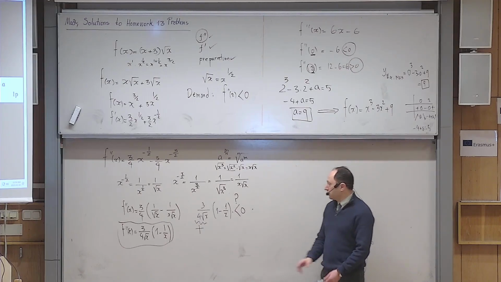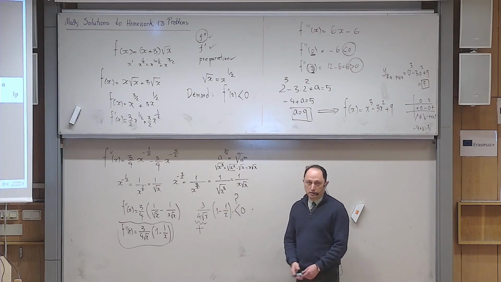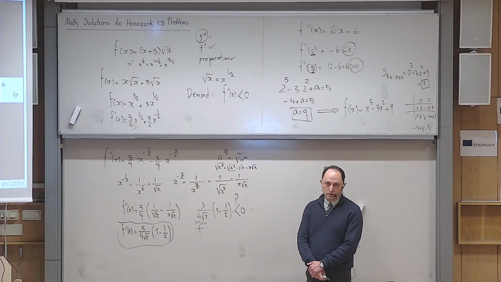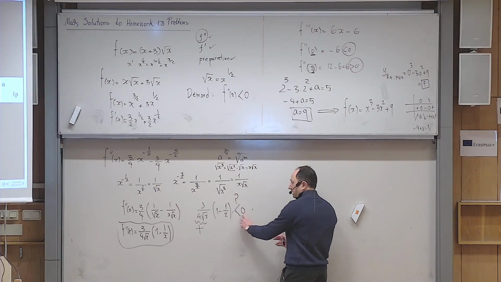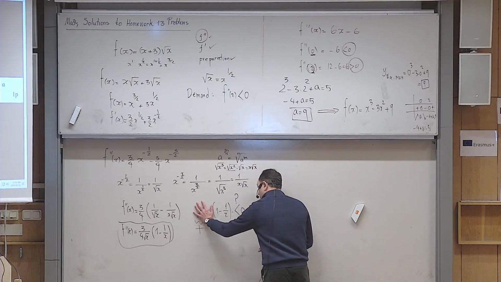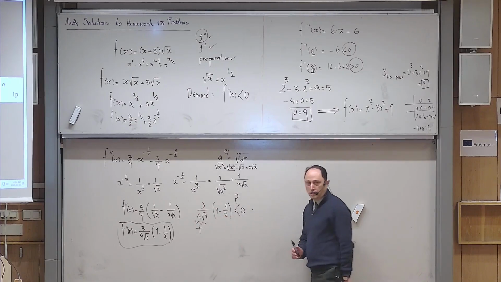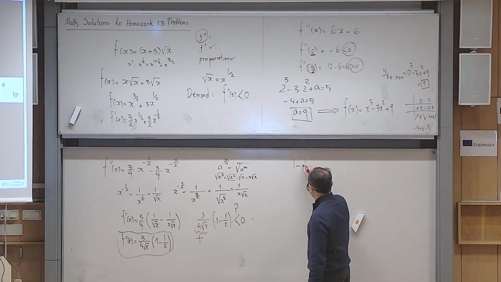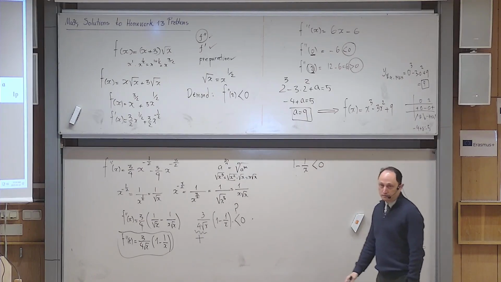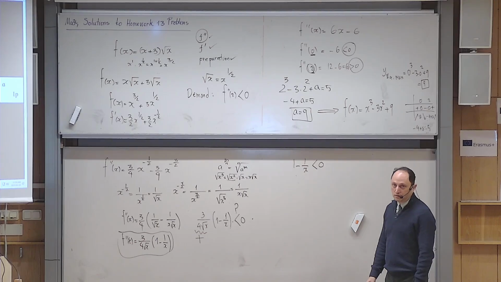Yes? But my goal is to make this one negative. Yes? That's it. Because I want the product to be negative. I am sure this part is positive, so this part should be negative. So when you say that this part should be negative, this is what you mean. Okay? Is that right?